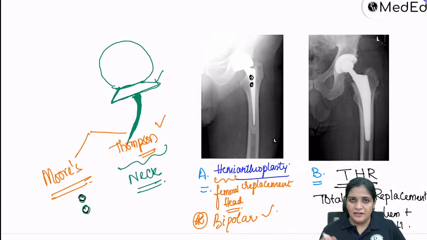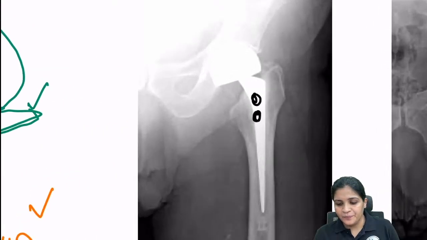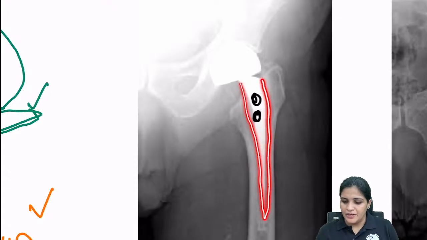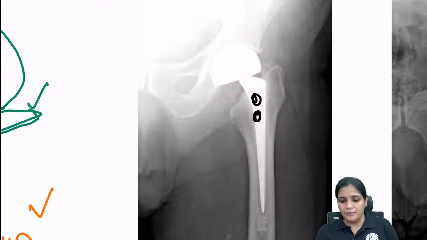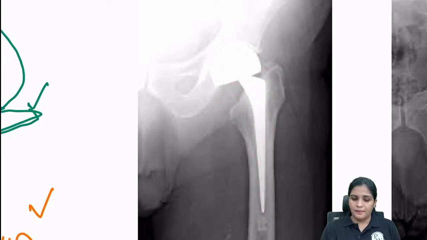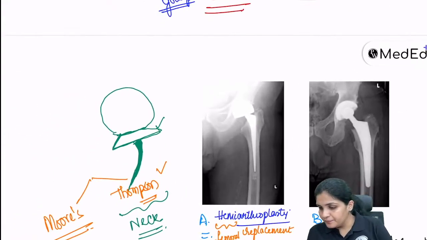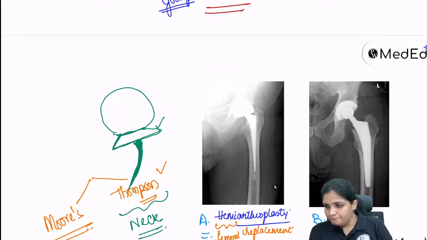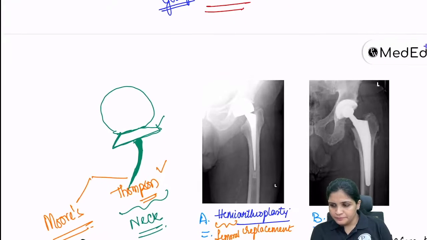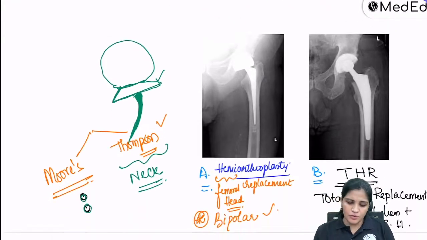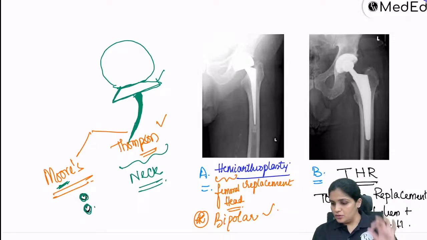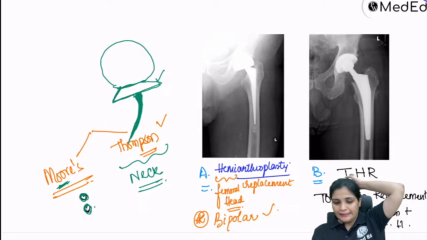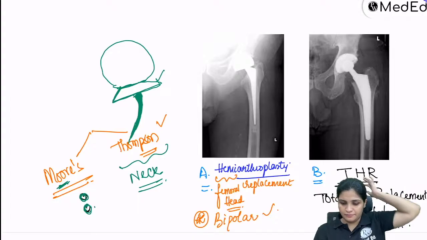But Thompson, you can identify the neck. But this is your bipolar. If you see, the stem is very sleek, right? And there is no neck or something like that. This is your bipolar prosthesis. Okay, is that clear? Remember, Moore's with two holes, okay? And Thompson with the extra neck.